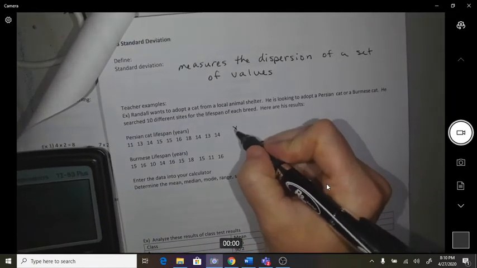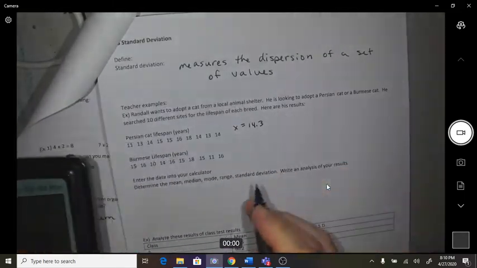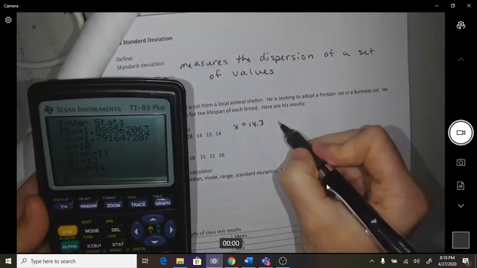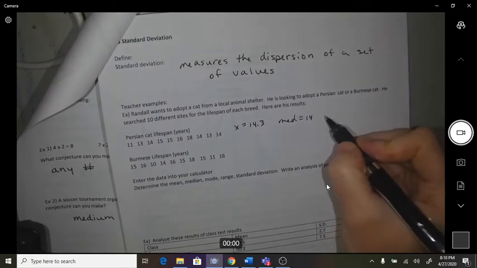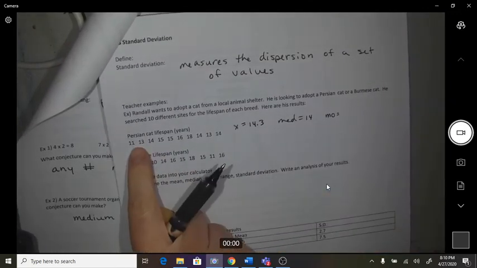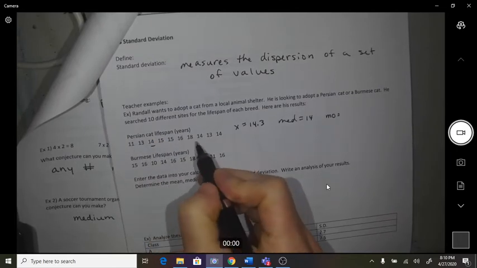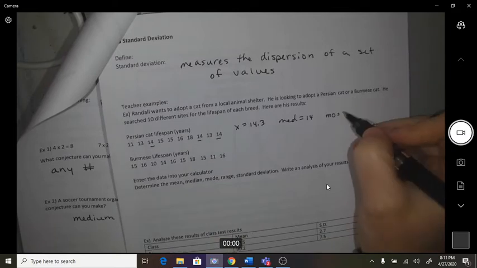So the mean is 14.3, and then it says the median. So the median is 14. The mode, so if I look across here, 14 appears 3 times, and that's the most.